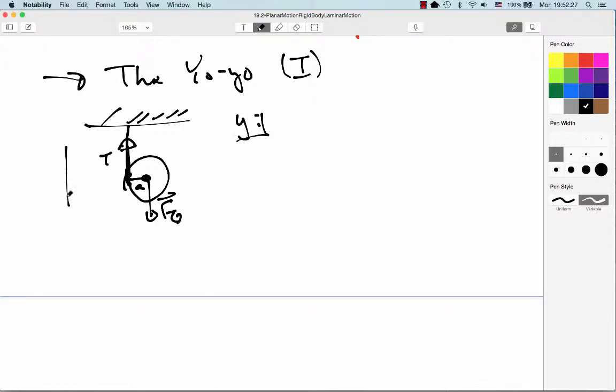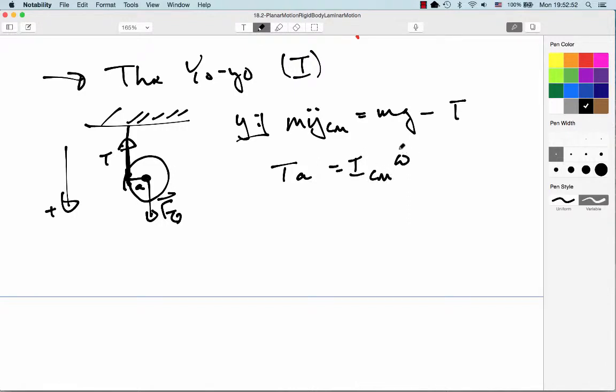And here I think it'll make sense to choose down to be positive. So we'll say that m y double dot CM equals mg minus T. There is no x equation of motion, so we go straight to rotations. The torque is equal to TA. That'll be equal to ICM omega dot.